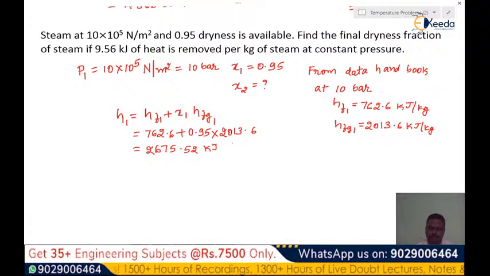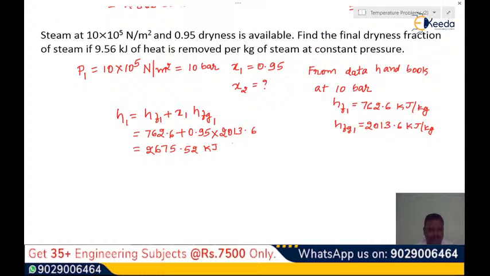Now, as I already told, if heat is added, its dryness fraction increases. Finally, it becomes 1. Then it becomes dry saturated steam. At the same time, if heat is removed, its dryness fraction decreases, right?